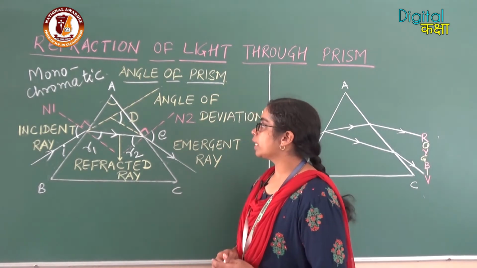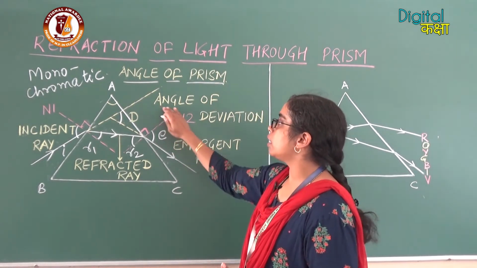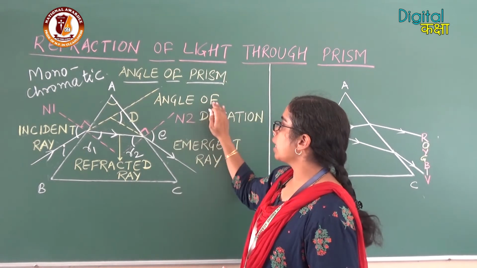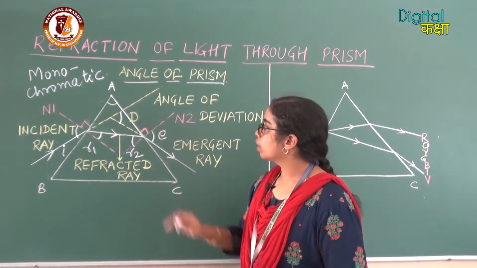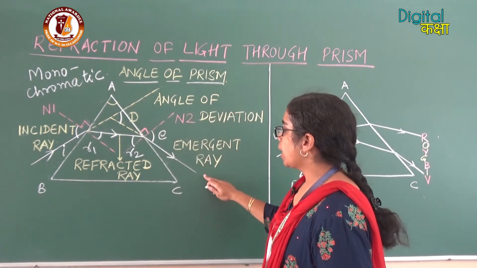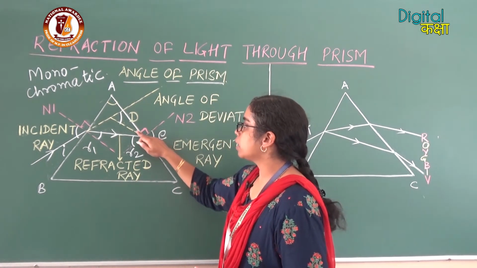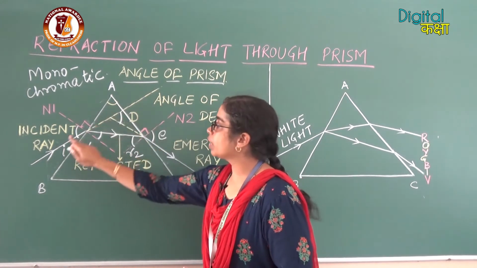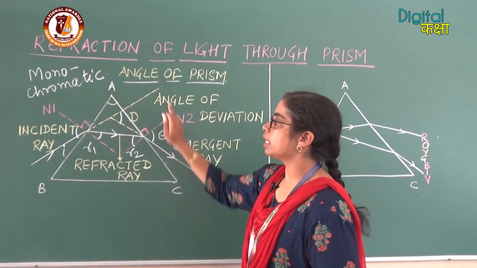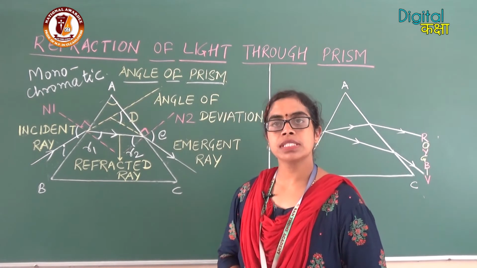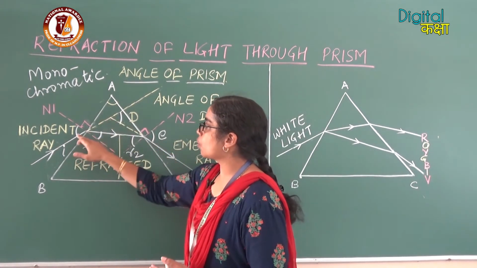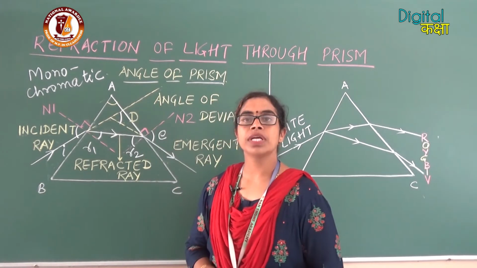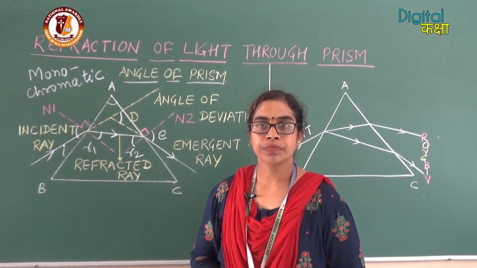Now let us get the definition of the angle which we call the angle of deviation. For this, we have extended back the emergent ray and we have extended the incident ray, which you can see easily in the diagram, shown in yellow color.